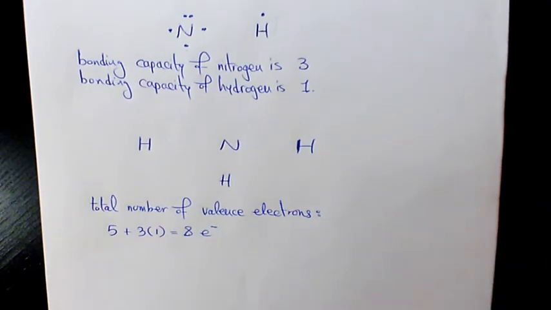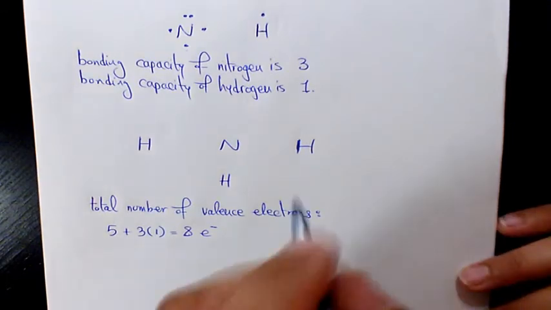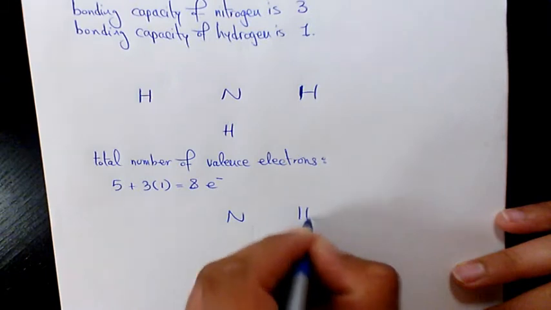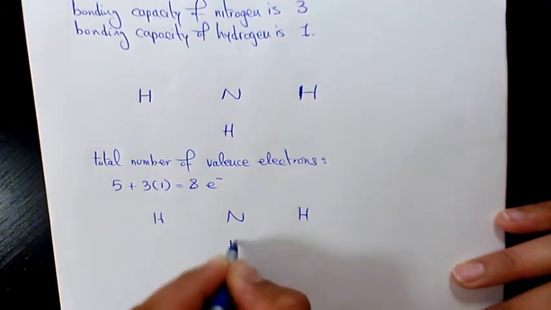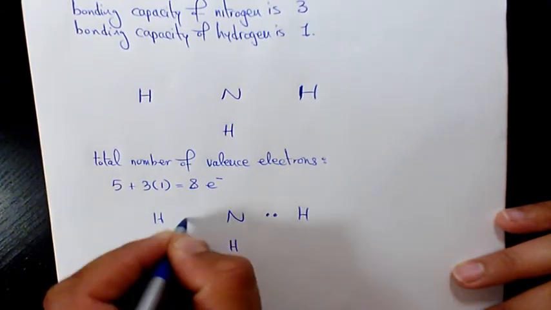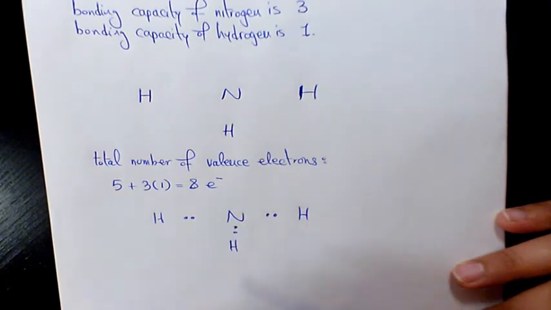Then we need to place one pair of electrons between each adjacent pair of atoms, and every two of these dots represents a bonding electron pair that forms a single covalent bond. So it's going to be 1, 2, 3, 4, 5, 6.